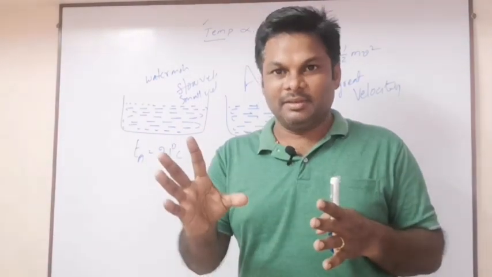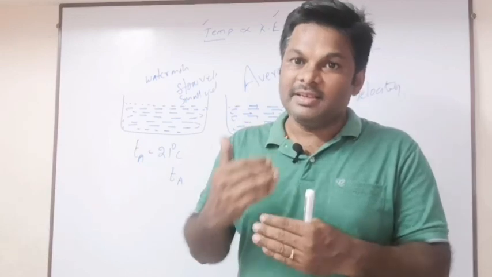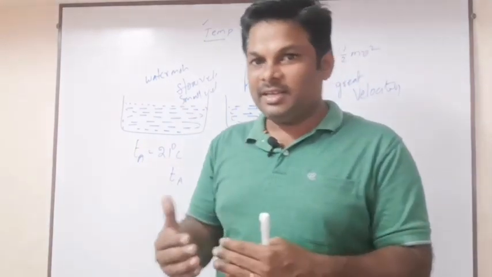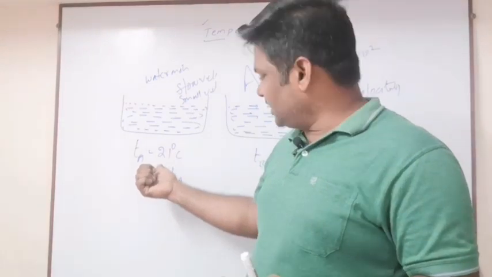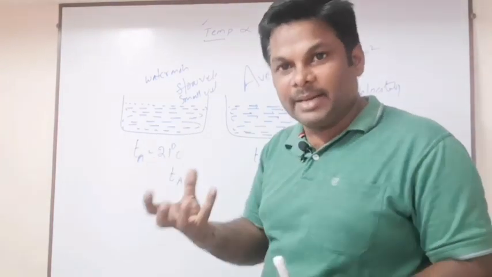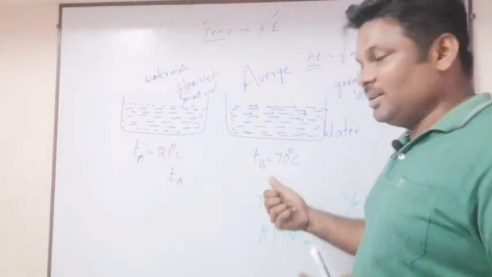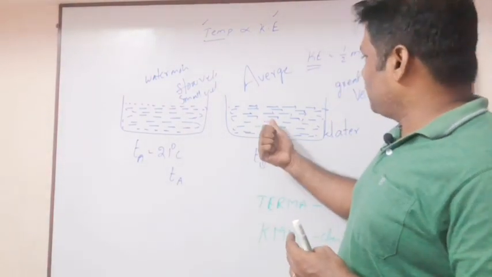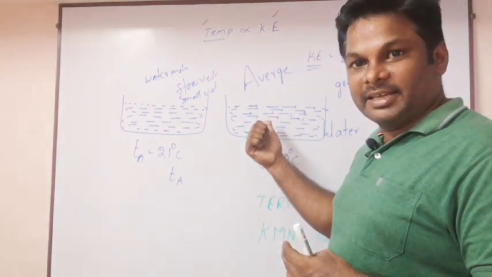They will run. When they are running, their average kinetic energy increases. Definitely the temperature will increase. So here it is very low because we supplied a little heat energy to this one, and here the temperature is very high because we supplied more and more heat energy to increase their average kinetic energy.